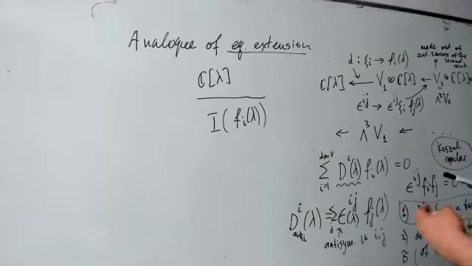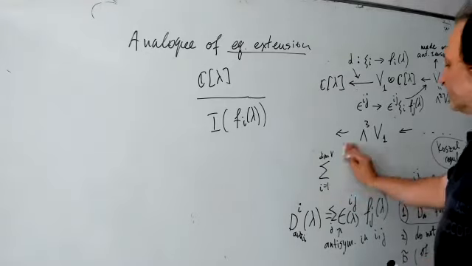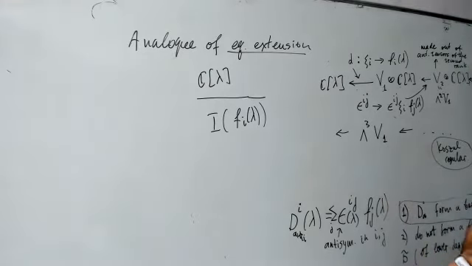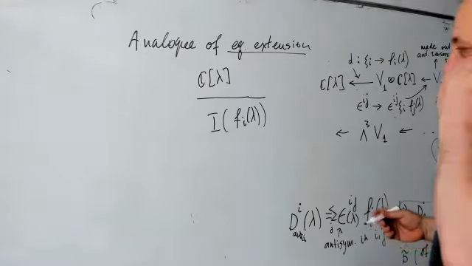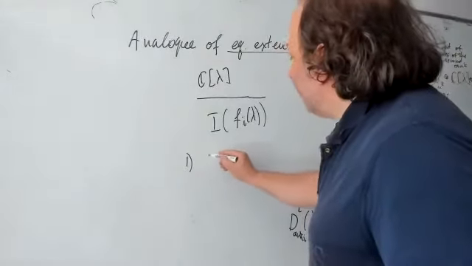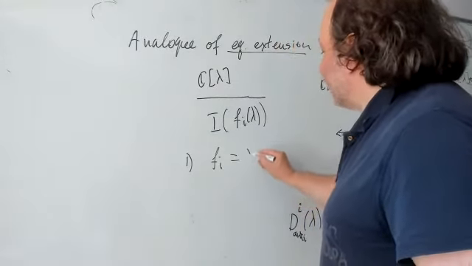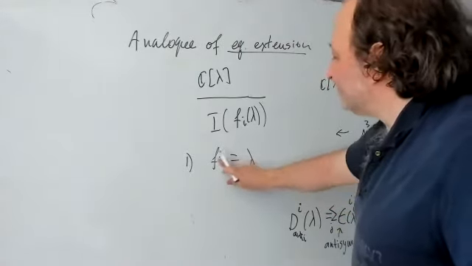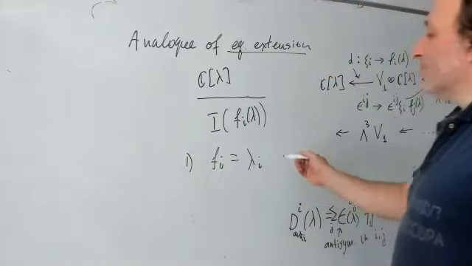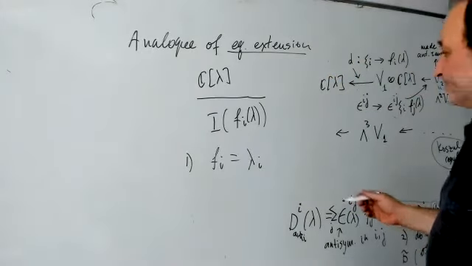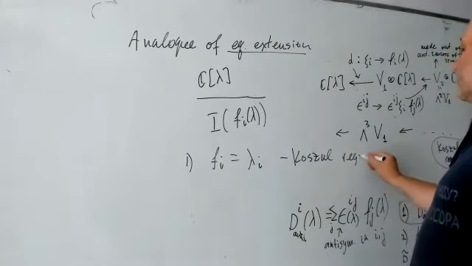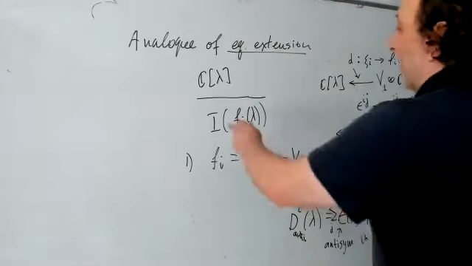Otherwise, it's called Koszul irregular. It is clear that if the f_i are linear in lambda, it is the Koszul regular case, and we have already seen it.